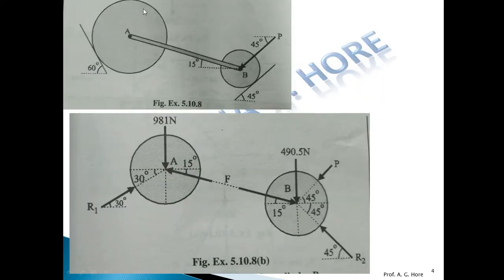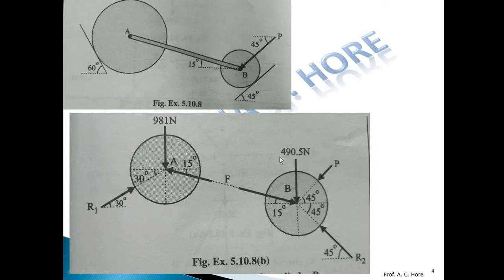Now this is the FBD. For the weight of this sphere, the mass is given, so multiply the mass by 9.81. 100 kg times 9.81 is 981 Newton, the weight, acting in the vertically downward direction. Here the reaction, as we already discussed, R1 is at 30 degrees at the center of the sphere, and the compressive force, let that force be F, is towards point A at an angle of 15 degrees.